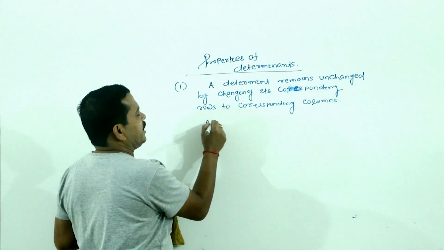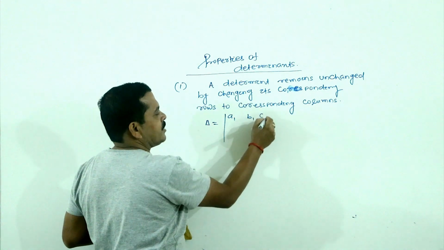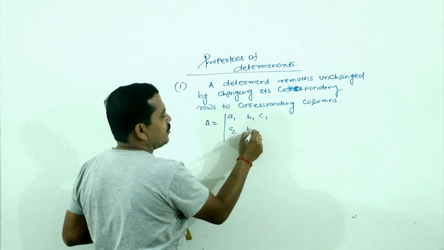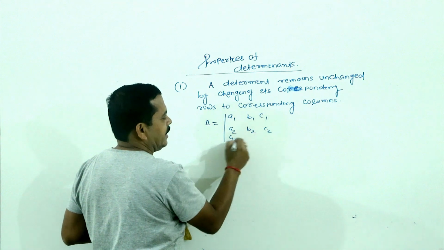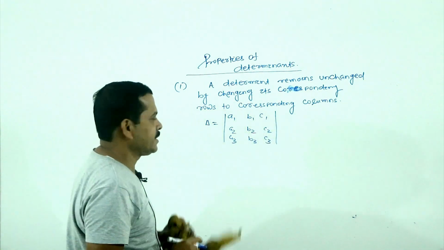Suppose a determinant of third order is A1, B1, C1, A2, B2, C2, A3, B3, C3. Suppose the third order determinant is this.